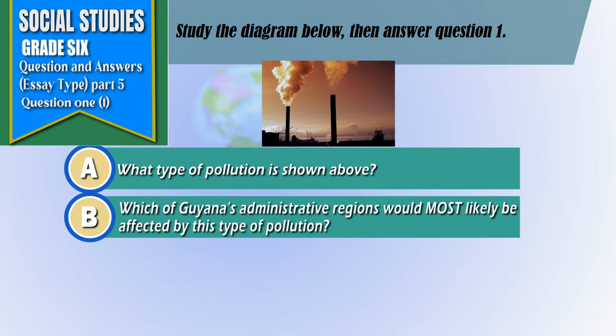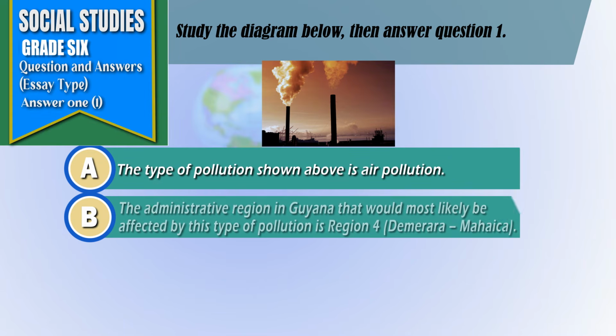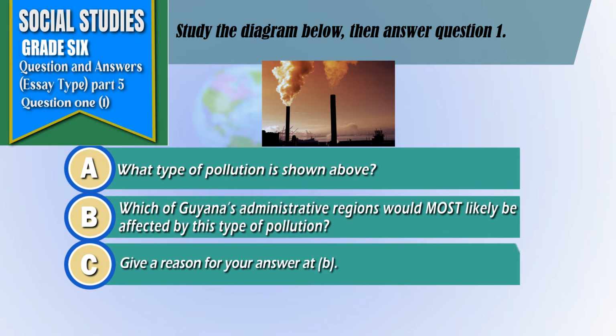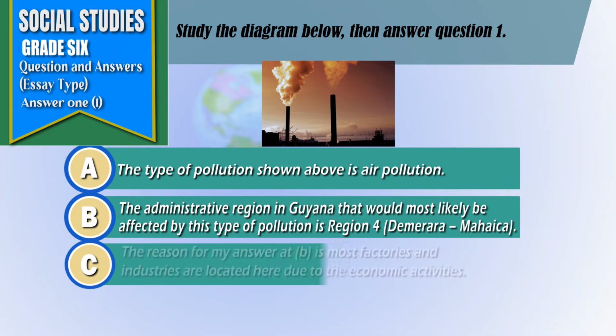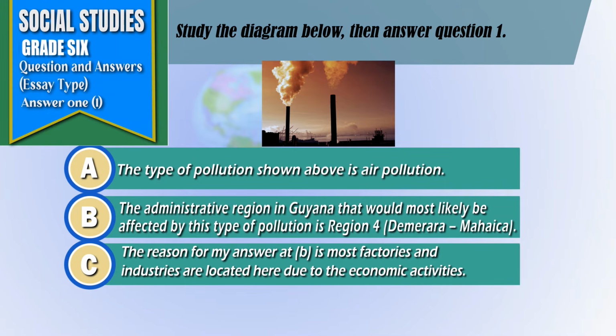The answer: The administrative region in Guyana that would most likely be affected by this type of pollution is Region 4, Demerara Mahaica. The C part for question 1 says, give a reason for your answer at B. The answer: The reason for my answer at B is most factories and industries are located in Region 4.